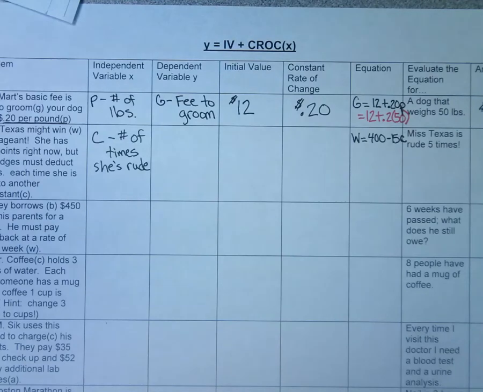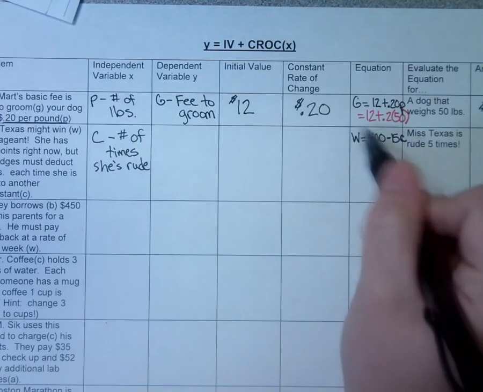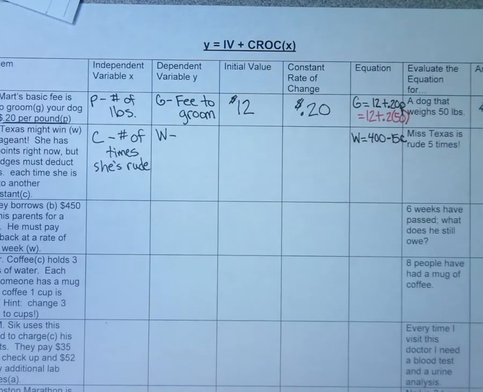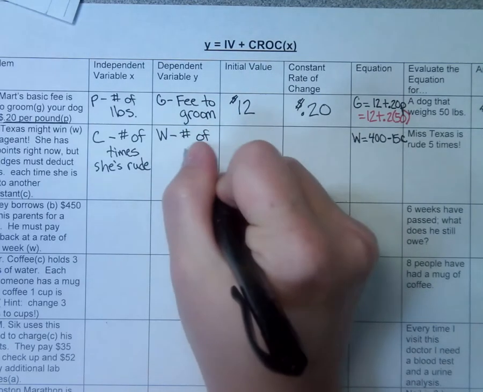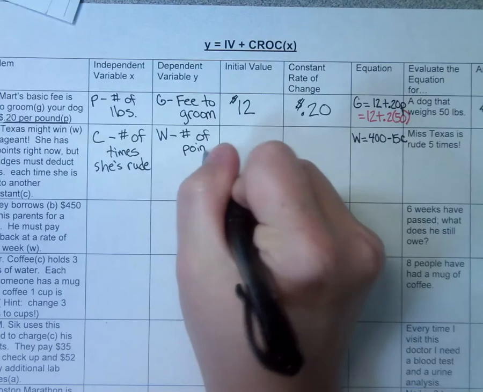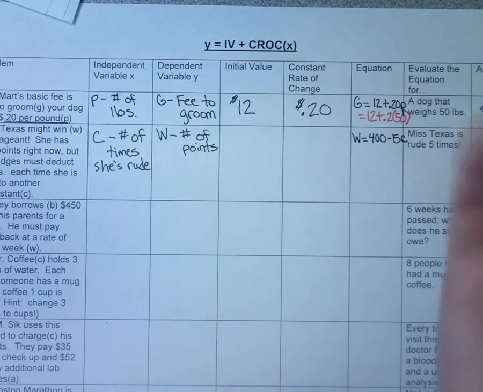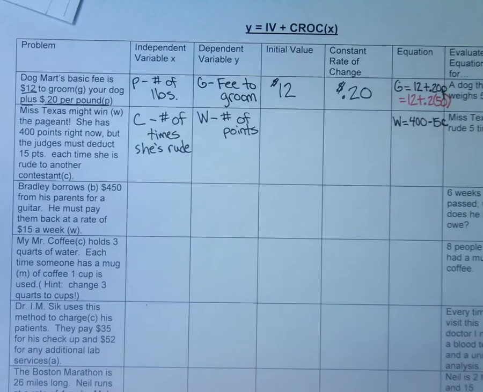Okay, the dependent variable is the Y, but I didn't use a Y. Instead, I used a W. Well, W stands for how many points she has. And I'm just going to write that down, number of points. So if she has the highest number of points, then she can win, which is why they said to use a W. Okay, initial value.